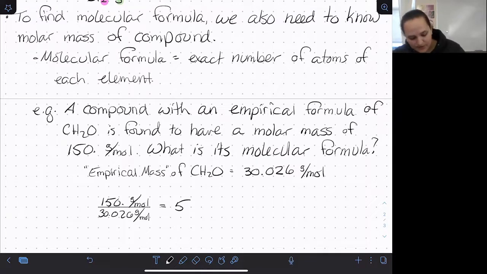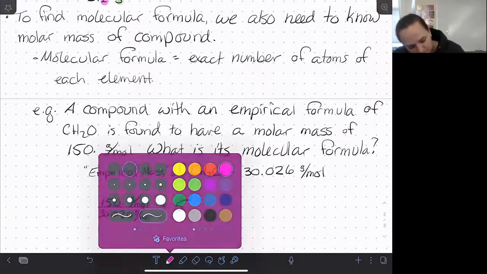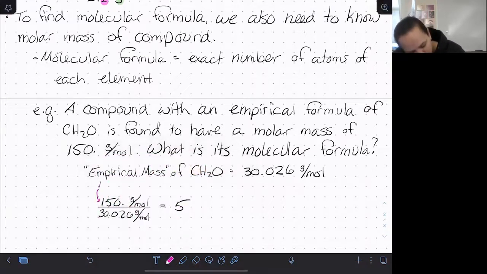But really, really close to 5. Again, you want to be rounding to an integer here, and it should come out close to an integer. So we've got the molar mass, which is the mass of the molecular formula. We're dividing by the mass of the empirical formula.